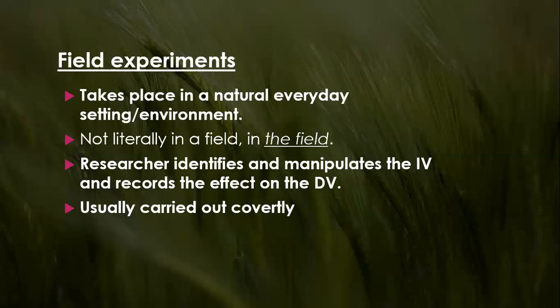So the term we would use there is overtly. Think of overtly, if we get rid of the LY, means over, on top. If something's on top, it can be seen, so therefore we know. If we talk about overt research, that means participants are completely aware that they're partaking in it.